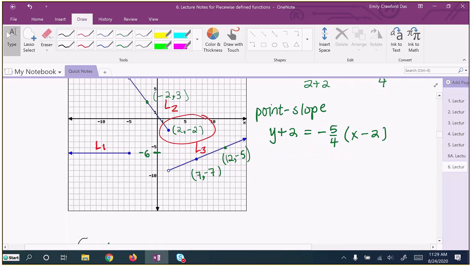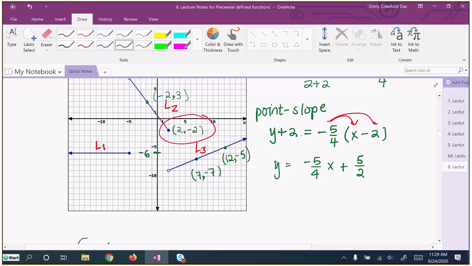Okay, so I'm almost done, but I need to get y by itself because my function already has y equals. So I want to get y equals something. So I'm going to say this is y equals -5/4x, distributing this -5/4x, plus 10/4, which is plus 5/2.